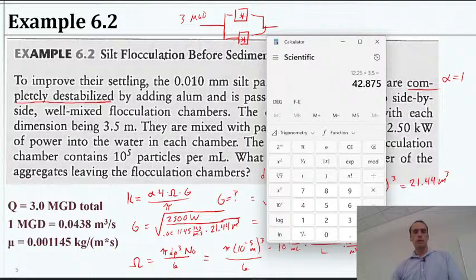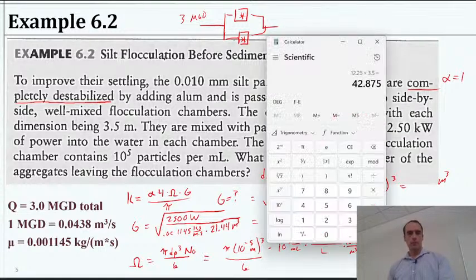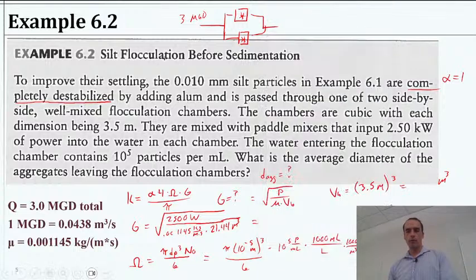And I just didn't hit it in the calculator right, so thank you. I think what I did was 3.5 times 3.5, and then I hit enter again, and I guess that just didn't do the right thing. Good catch. So it should be 42.875.